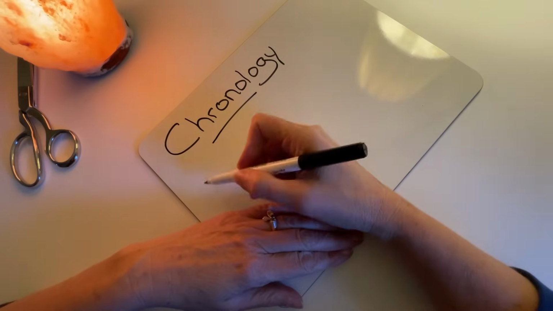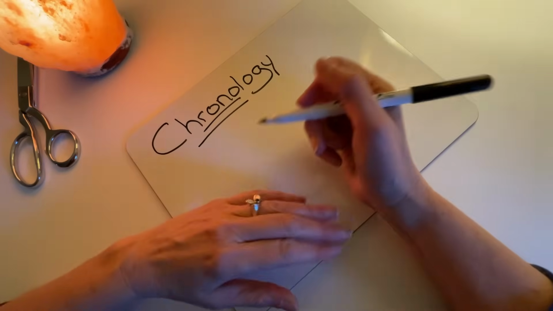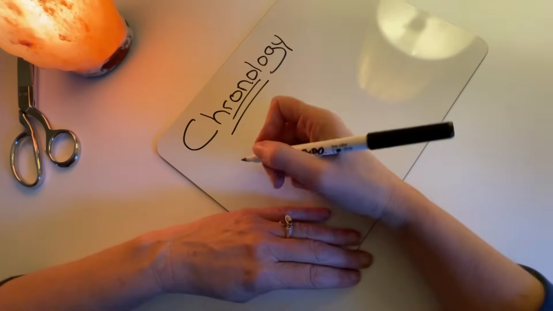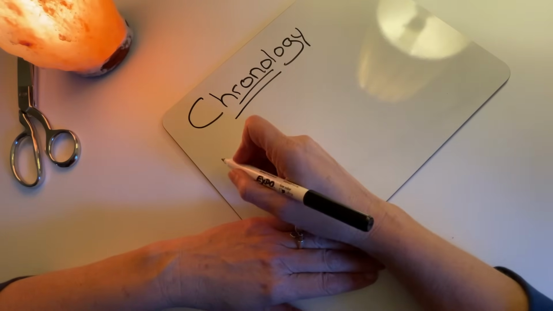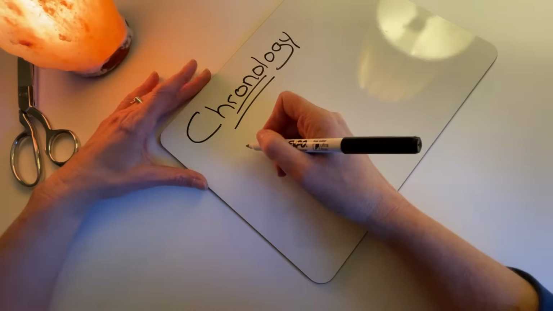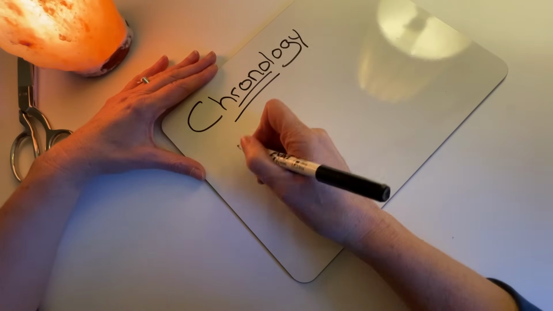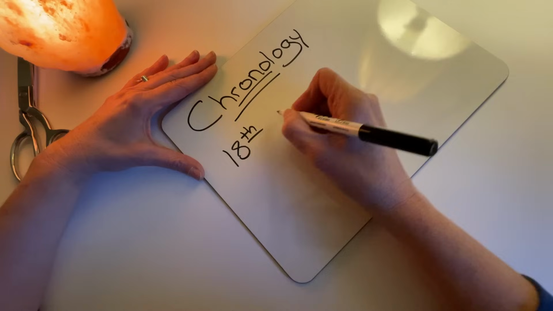So today I thought we could talk about chronology. I couldn't think of what else to call it, but I think that's the right word for what we're going to talk about. What got me thinking about it was I noticed sometimes people get a little confused if you say, like, the 18th century.